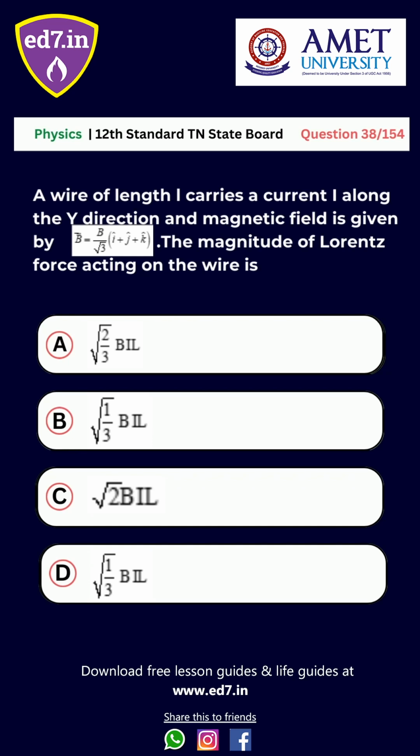The magnitude of Lorentz force acting on the wire is: option A, root 2 by 3 B I L; B, root 1 by 3 B I L; C, root 2 B I L; D, root 1 by 3 B I L. The right answer is option A, root 2 by 3 B I L.